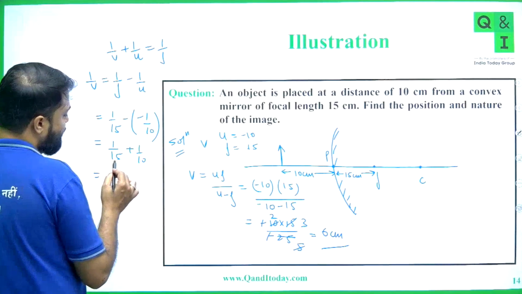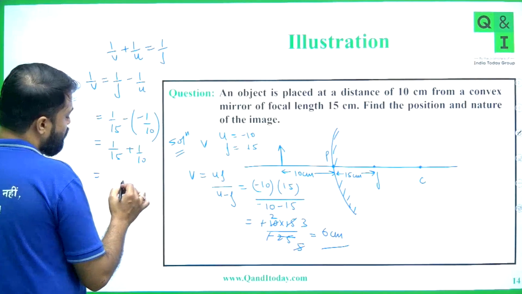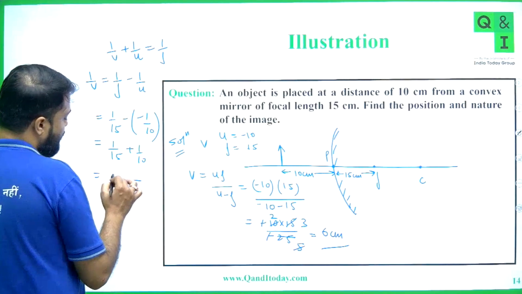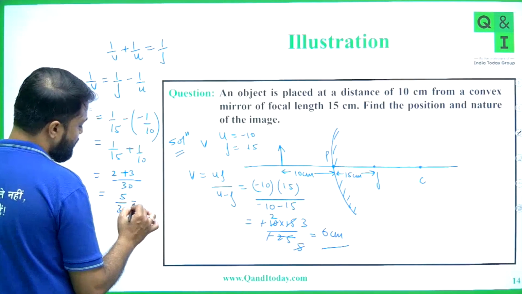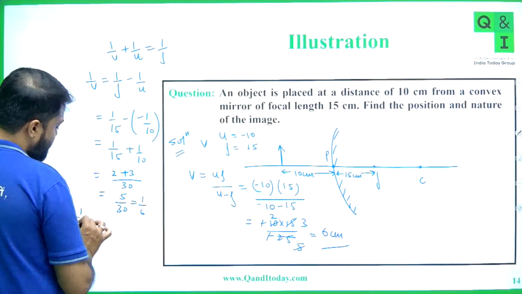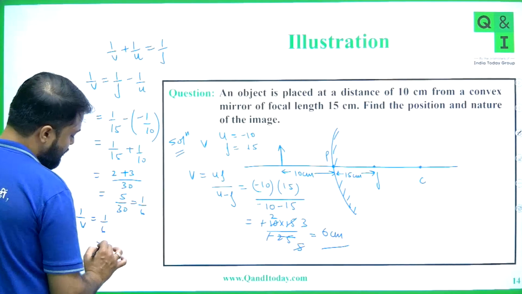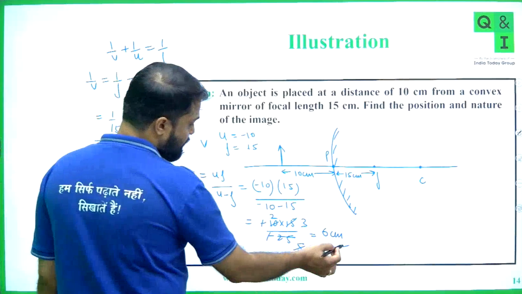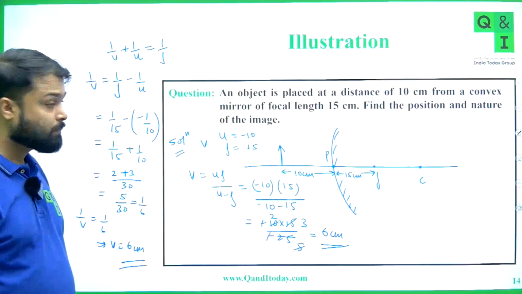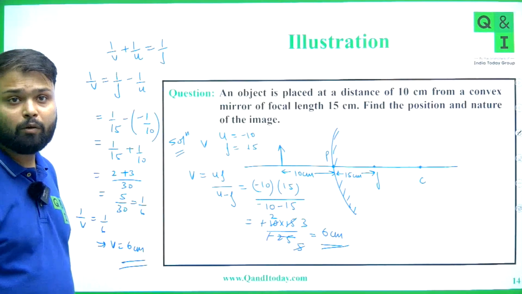Now take the LCM, 5 into 3 is 15, 15 into 2 is 30. So 15 into 2 plus 10 into 3, this is 5 by 30, which is 1 by 6. So 1 by V is equal to 1 by 6. Can we say V is equal to 6 centimeter? Yes, sir. Is this the same? Raghavi, please check your calculation.